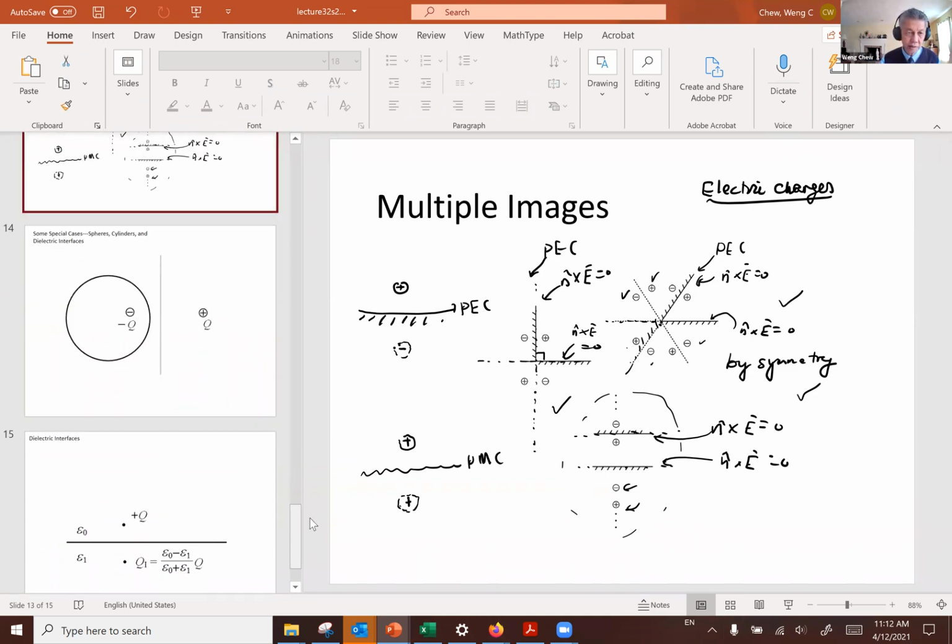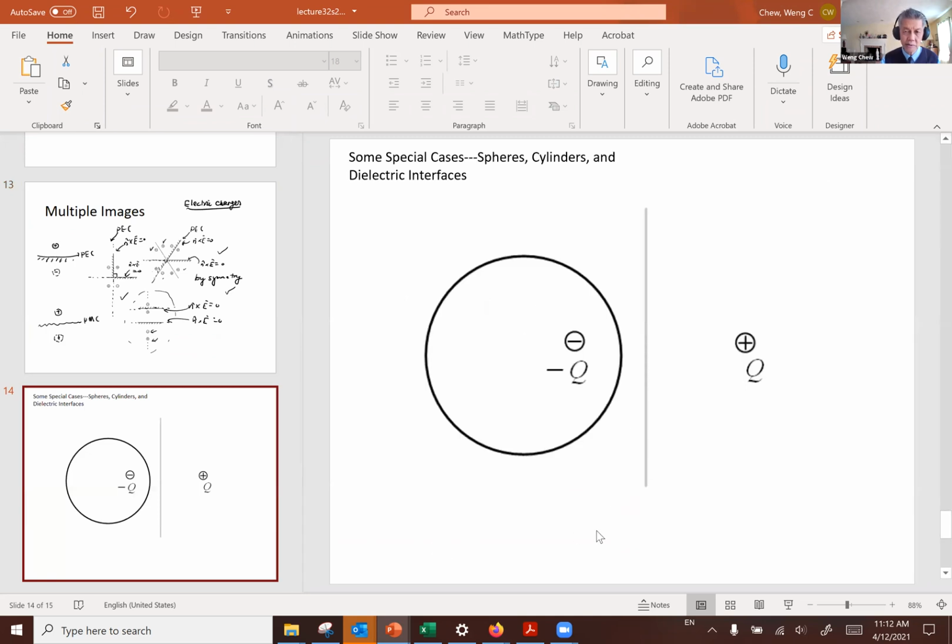However, there are some more complicated problems where you have a positive charge next to a sphere. Somehow this thing does not appear like a sphere to me on my computer screen, but it's supposed to be a sphere.